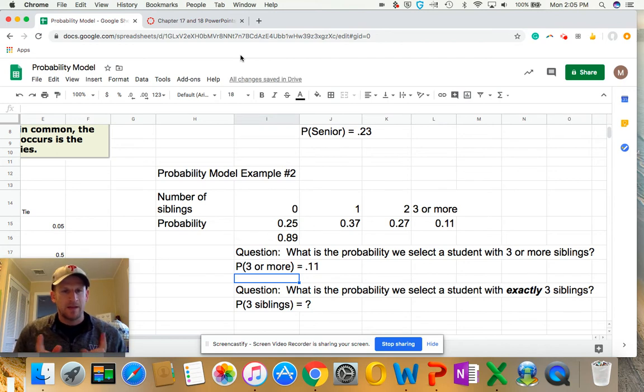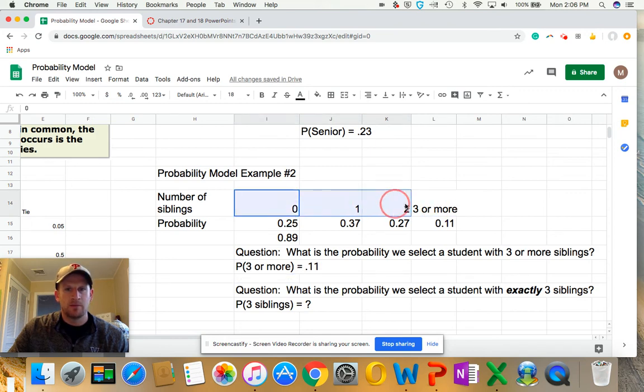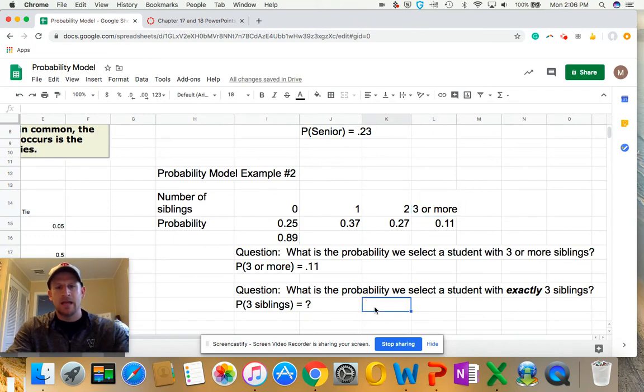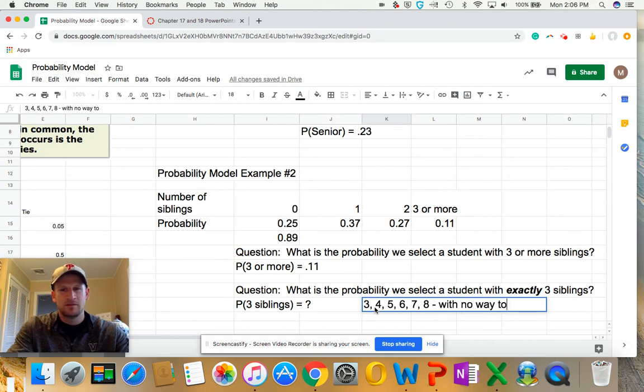Okay. Now the second question is what gets some of us at some times. And that question reads, what's the probability that we select a student with exactly 3 siblings? Okay. Well, this is a little more difficult to calculate, okay, because my probability model, if I interpret 3 or more, that leaves the options for 3 siblings, for 4 siblings, for 5 siblings, 6, 7, 8, with no way to differentiate.